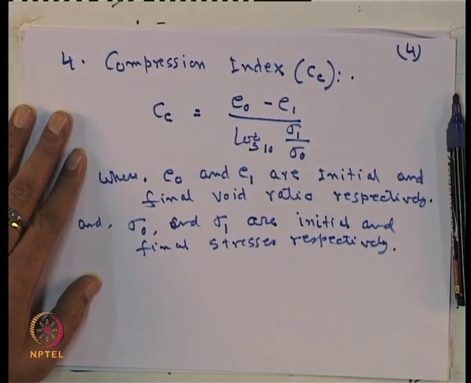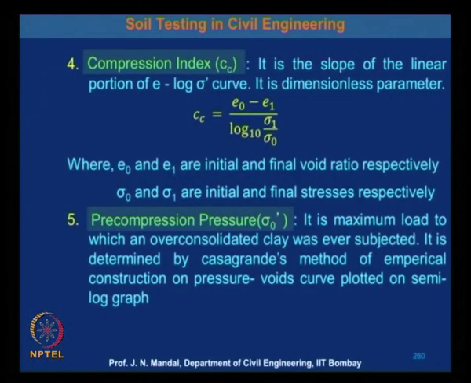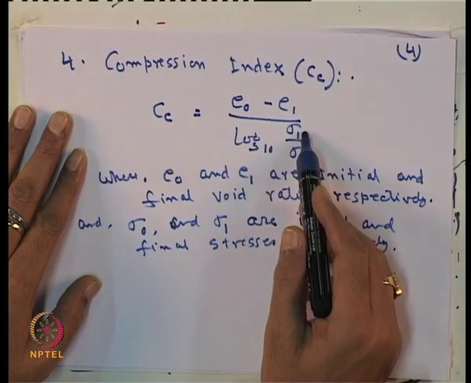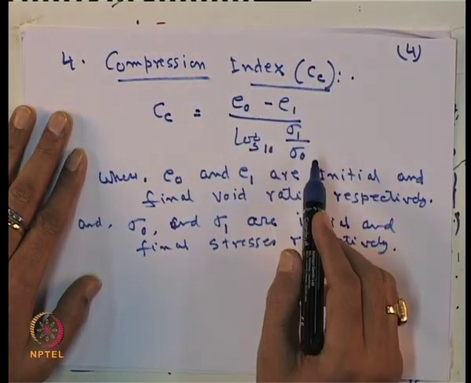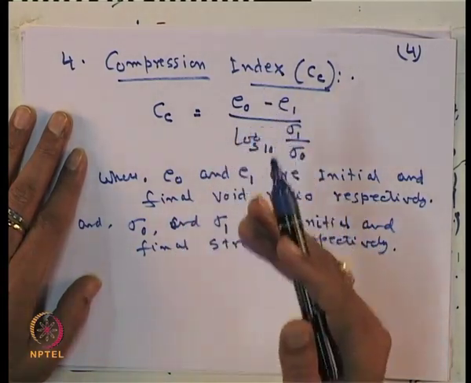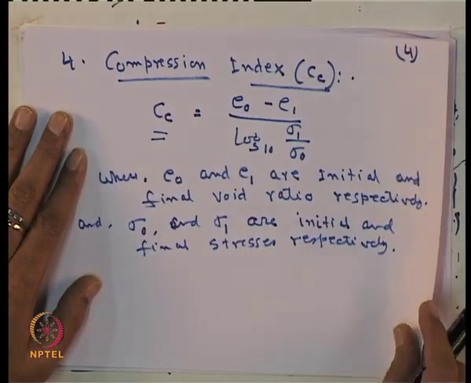So, here this compression index, which is designated as Cc, is expressed as (e0 minus e1) divided by log base 10 of sigma 1 by sigma 0. So, this compression index you can determine from the linear portion of the e-log sigma dash curve or e-log p curve, from which you can determine this compression index. This is also one of the very important parameters.